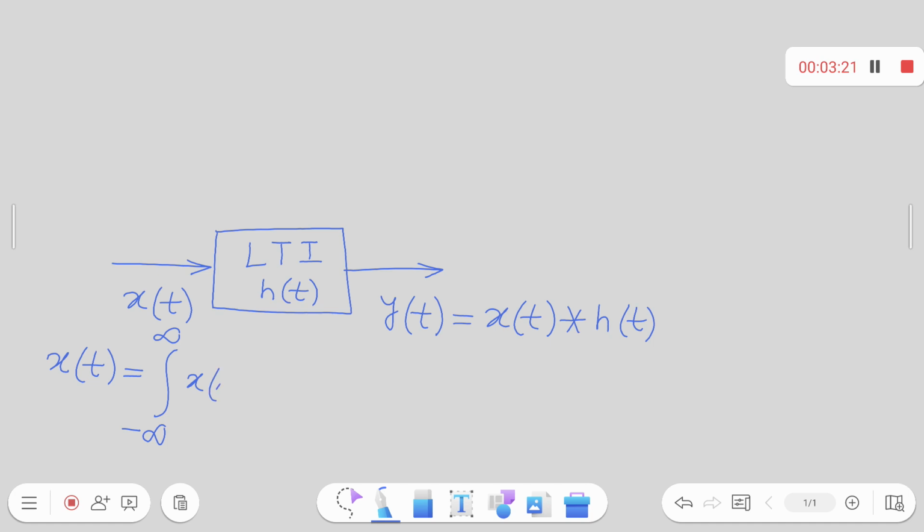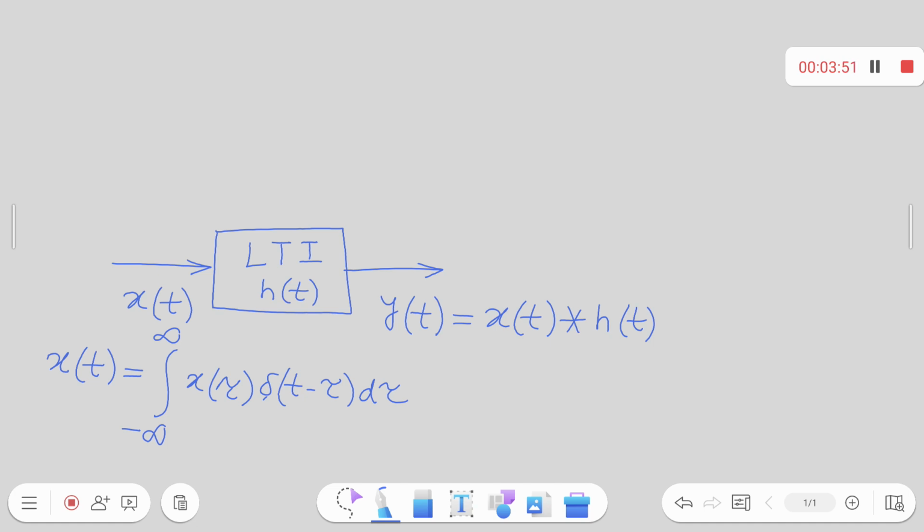x of tau delta t minus tau d tau. In this form, x of t is equal to the integration from minus to plus infinity of x of tau delta t minus tau d tau. That means we have the delta t function, the unit impulse function, and we have allowed it to range from minus to plus infinity. That's why delta t minus tau, where tau ranges from minus to plus infinity, and the corresponding weight is given by x of tau.